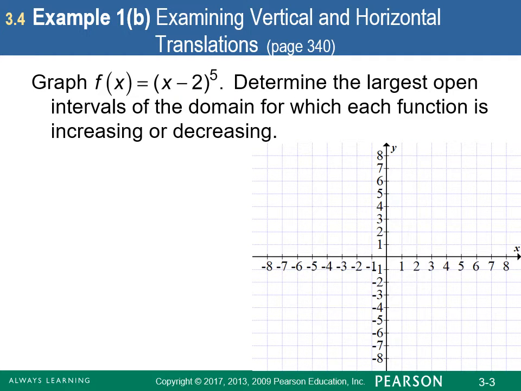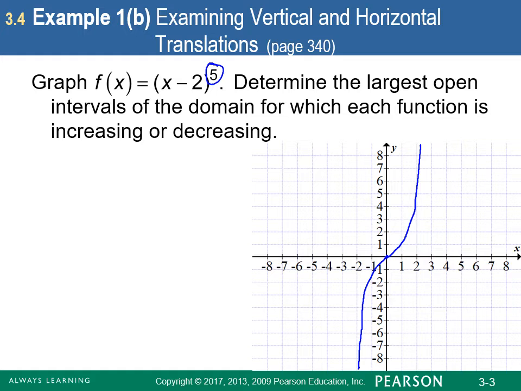Very similar to the previous one, we know that an x to the 5 is similar to x to the 3. As a dot at the origin goes up to the right, and is going to be skinnier than x to the 3, down to the left. So very similar looking to x cubed.